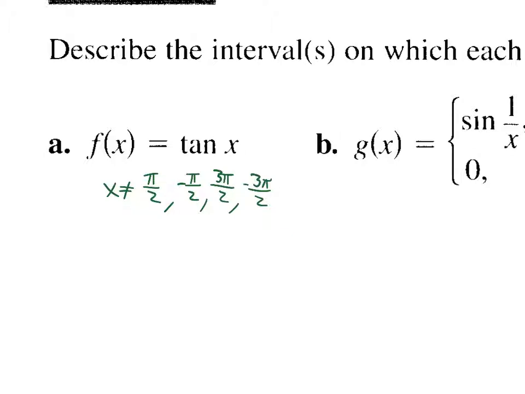Now this says describe the intervals, so let's actually give some intervals. It would be an open interval from negative pi over 2 to pi over 2. And then from pi over 2 to 3 pi over 2, etc., in that direction.